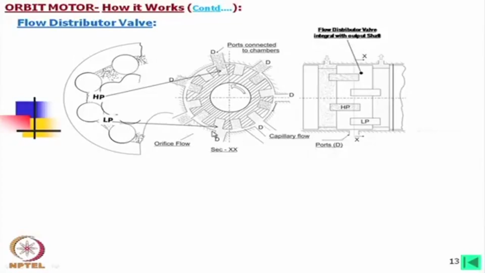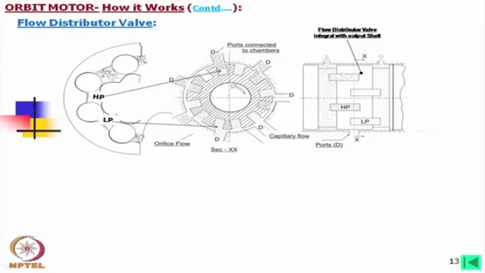Next, we come here, what we find is that this low pressure slot is connected to one chamber, then one high pressure slot is blocked, then another low pressure slot is connected to another chamber, whereas another high pressure chamber is blocked.